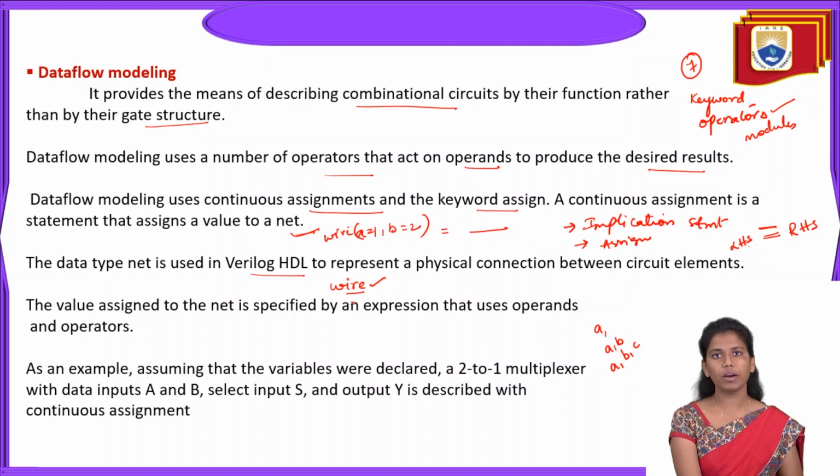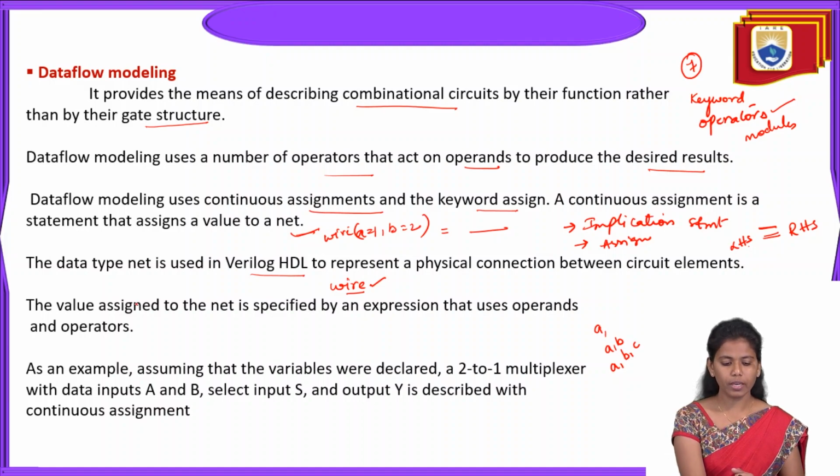So what is a wire? A wire is meant to connect two devices. We can connect these two micro devices with the help of a data type called wire. A wire is nothing but a physical connection which has to be made between the two elements, right?